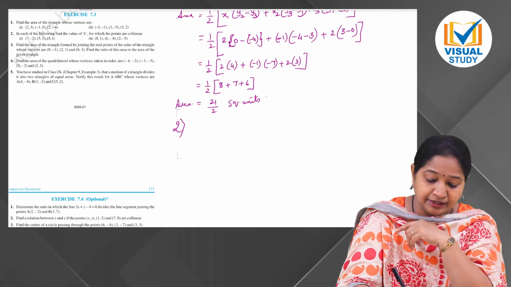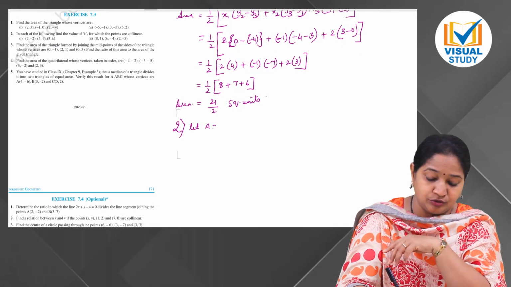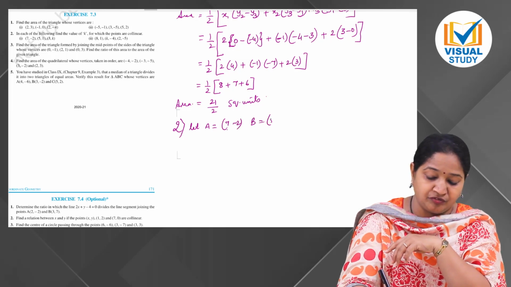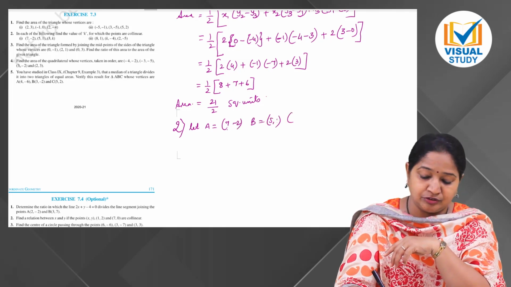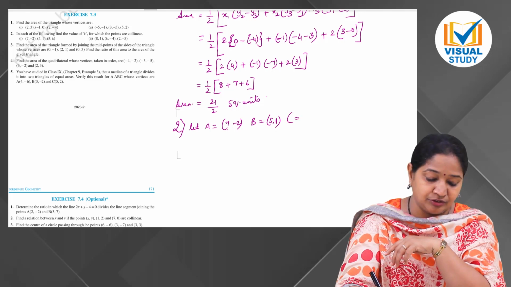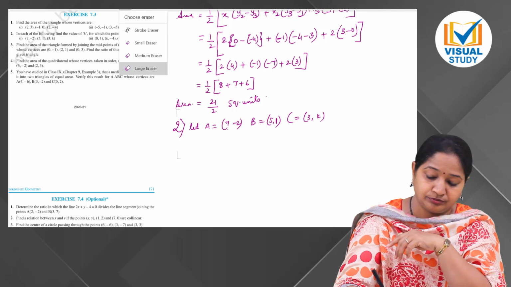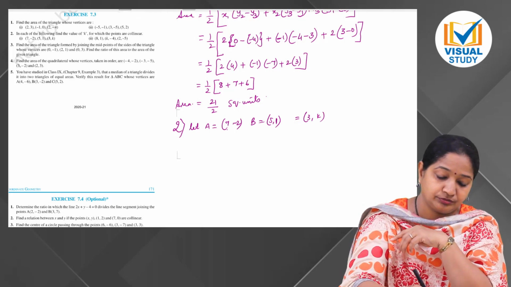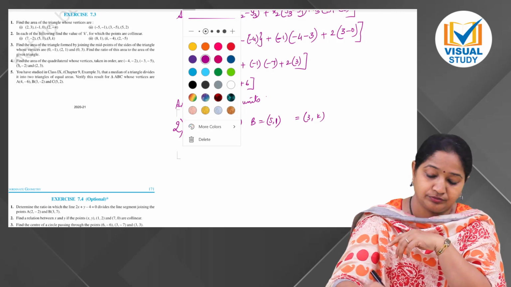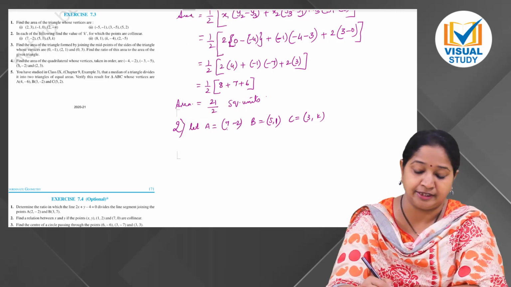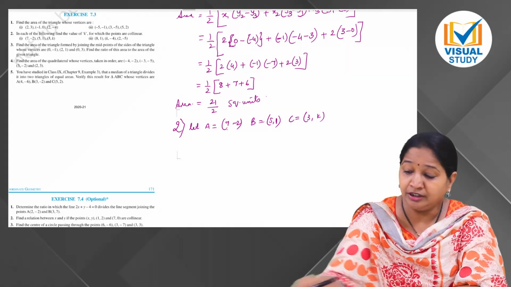So let A is equal to 7, minus 2, B is equal to 5, 1, and C is equal to 3, k.